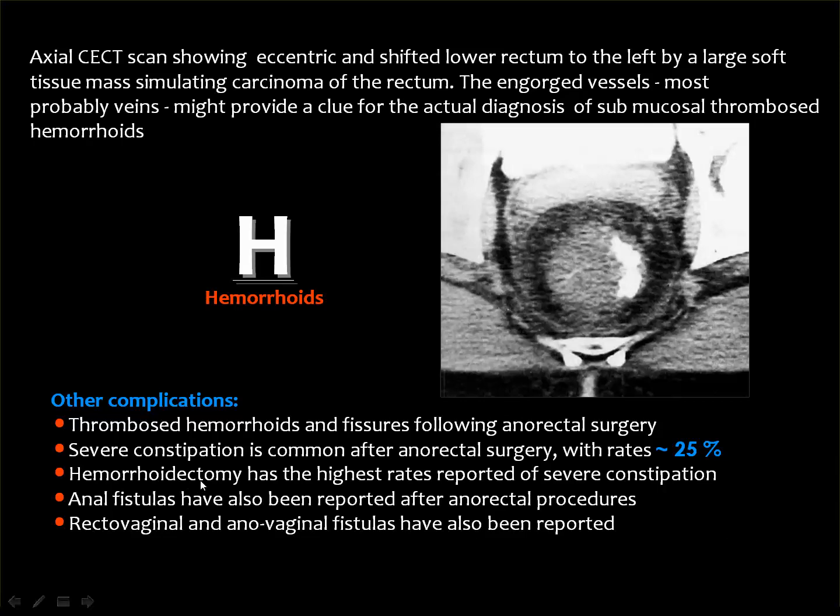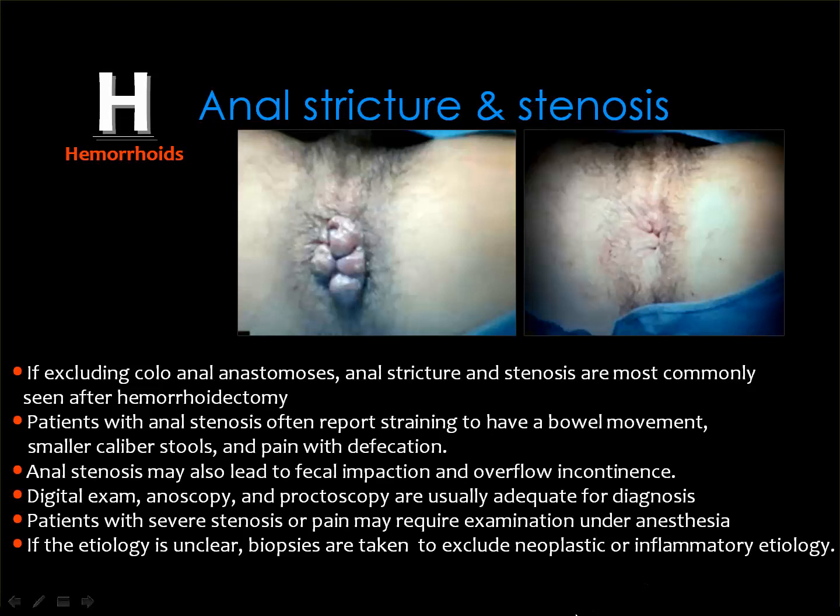Then hemorrhoidectomy has the highest rate of severe constipation. Anal fistula may be reported. Rectovaginal and anovaginal fistulae may also be reported. And finally, this complication is anal stricture and stenosis.